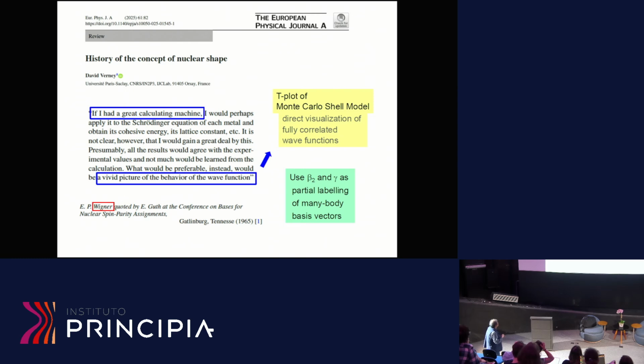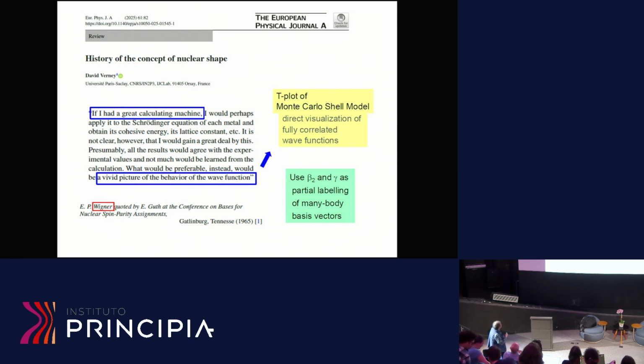This is just a sort of implication of this method. Many years ago, Wigner mentioned this kind of thing, according to David Bernier. Actually, this was maybe transcribed by this person. Wigner made some speech in this conference many years ago, and he mentioned that maybe we can calculate nuclear properties by some great calculating machine, but the result should tell us physics.